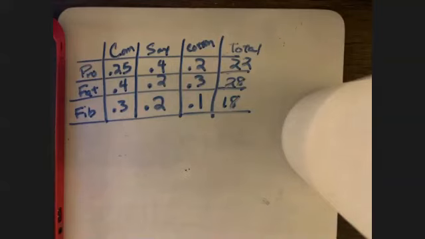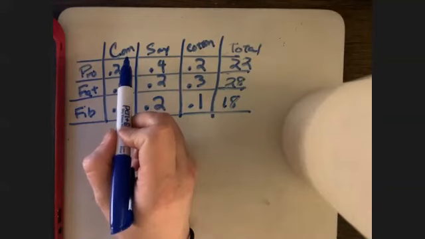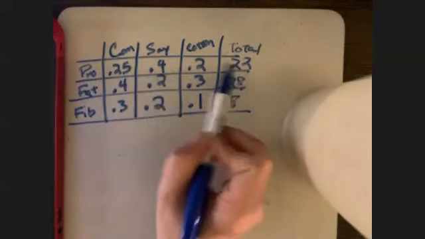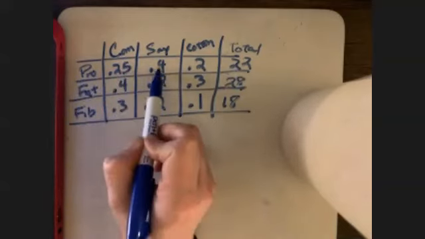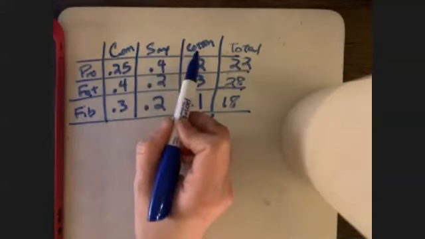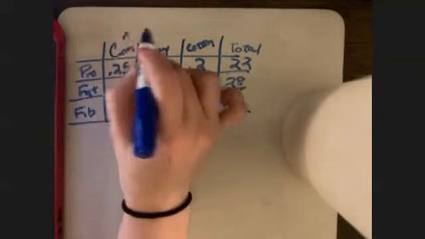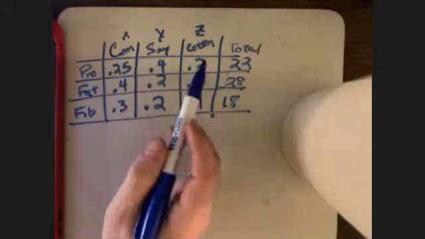Okay, so the concept here is how many units, because they want to get 22 units of protein, they get 0.25 of a unit from corn, 0.4 of a unit from soybeans, and 0.2 from cottonseed, and so on. So the idea here is this becomes your X, Y, Z, because I'm trying to figure out how many units of corn, soybean, and cottonseed I should be using.